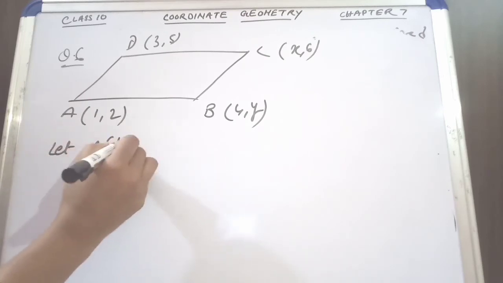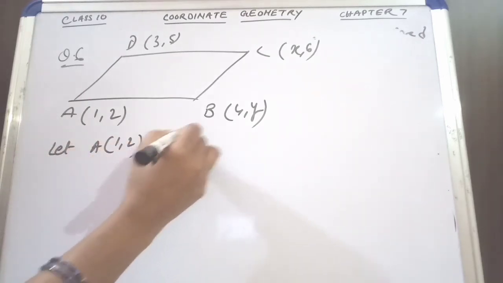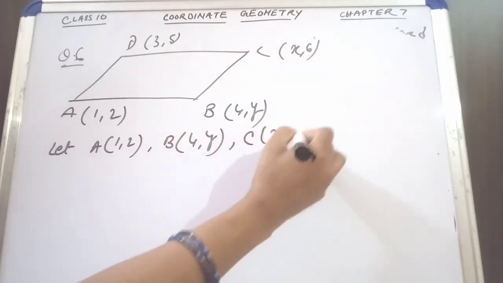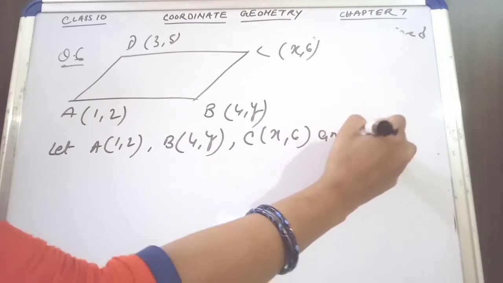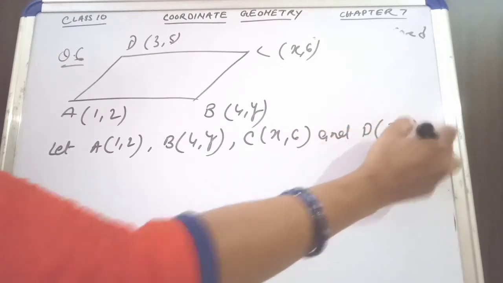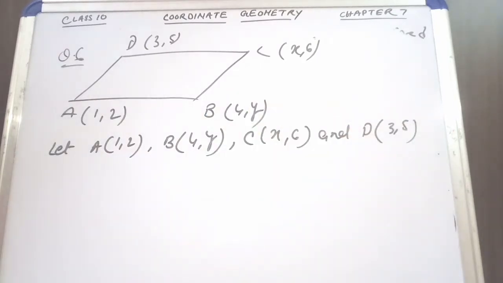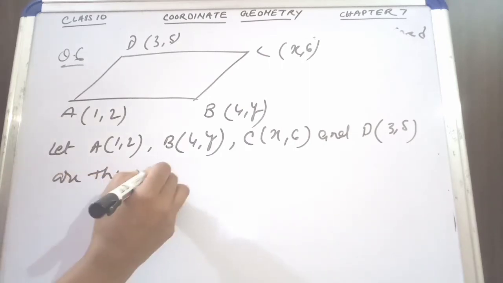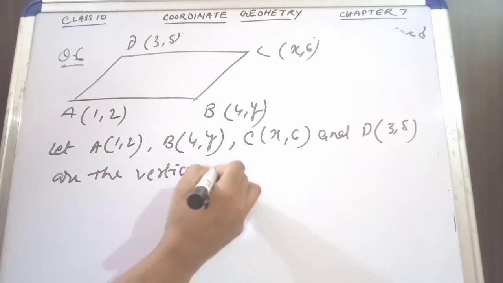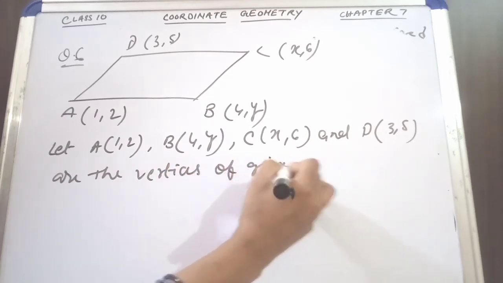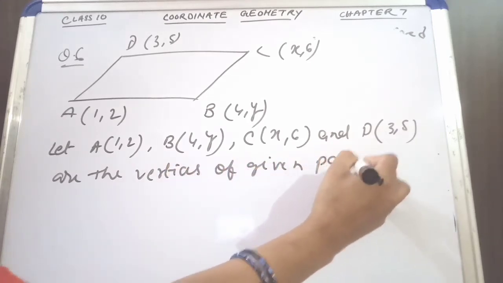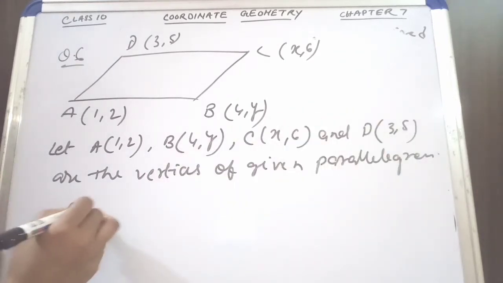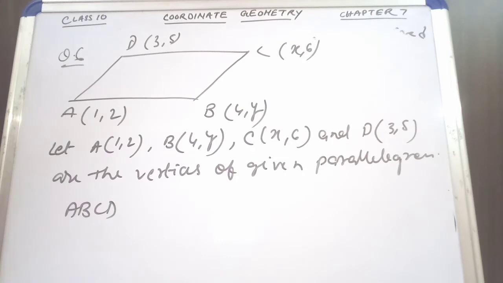Let A (1, 2), B (4, y), C (x, 6) and D (3, minus 5) be the vertices of the given parallelogram ABCD.